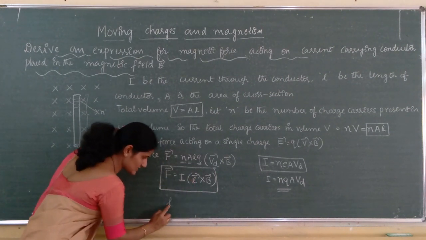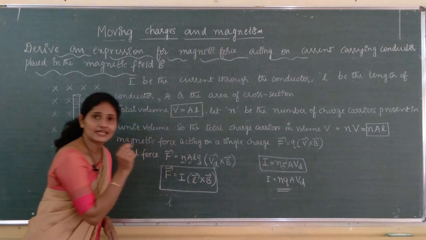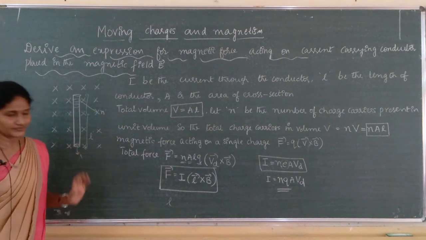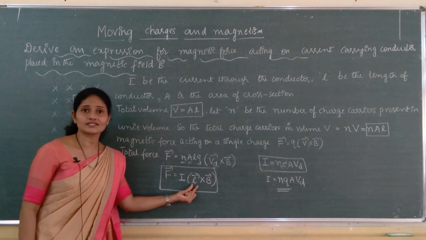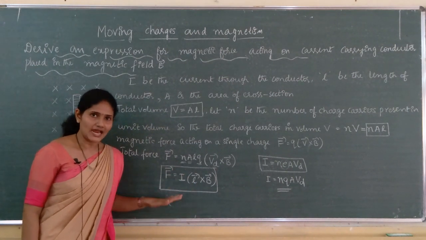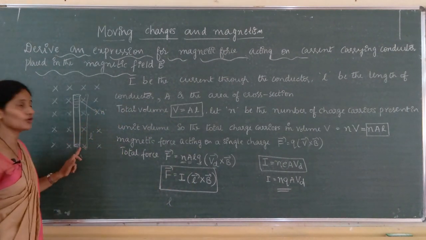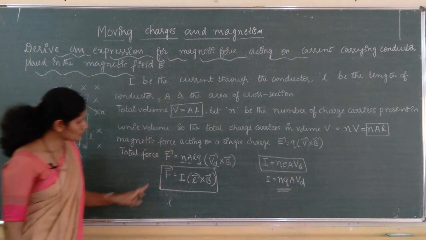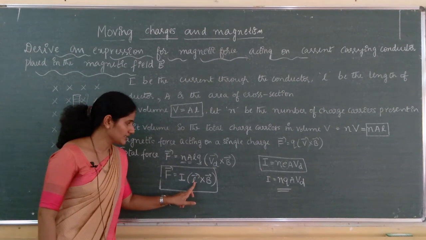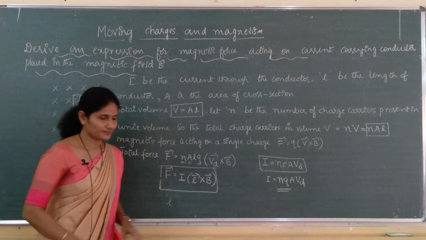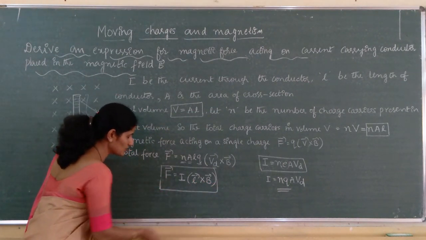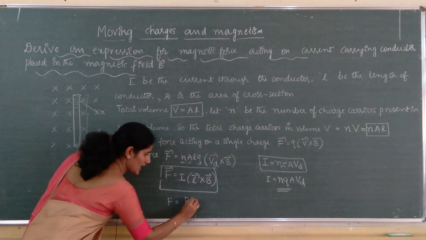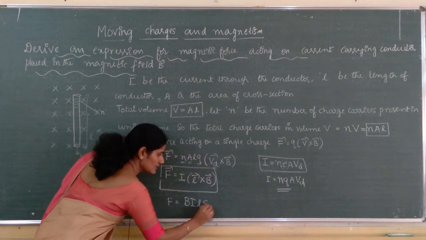The magnitude of L vector is L and its direction is the same as that of current I. So, F is equal to I into L cross B. In terms of magnitude, F is equal to B I L sin theta.